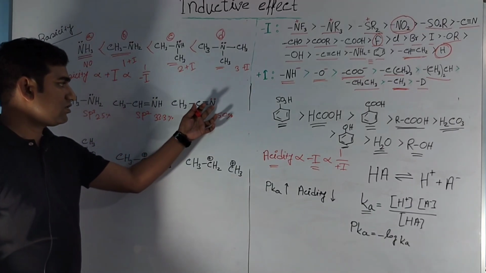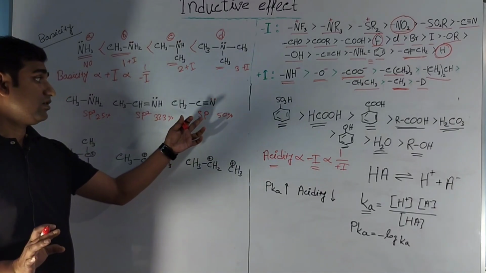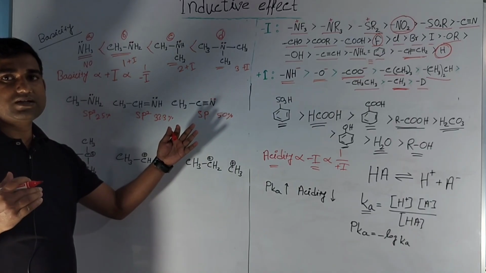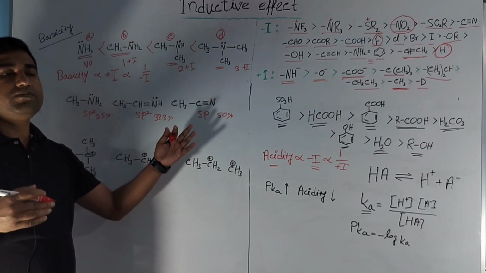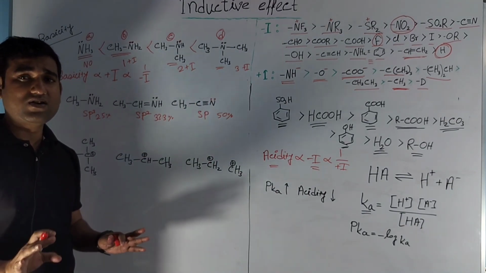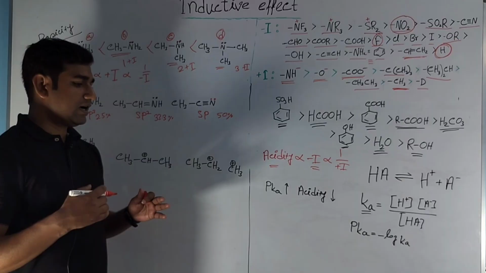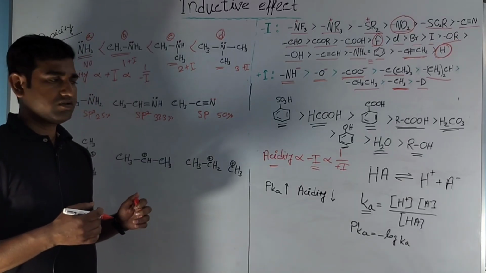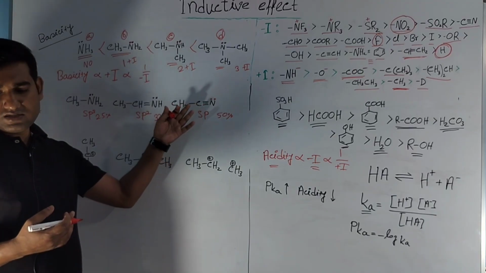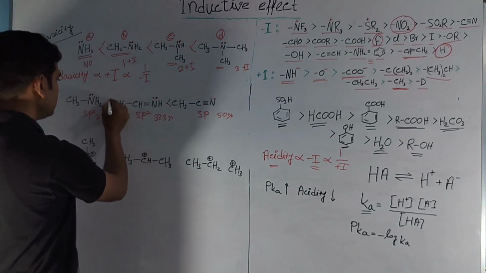So the sp nitrogen has higher electronegativity due to the higher percent of S character. Once the percent of S character increases, the electronegativity will increase. So a higher percent of S character means that nitrogen cannot easily donate the proton, so the basicity is less compared to the second and third.